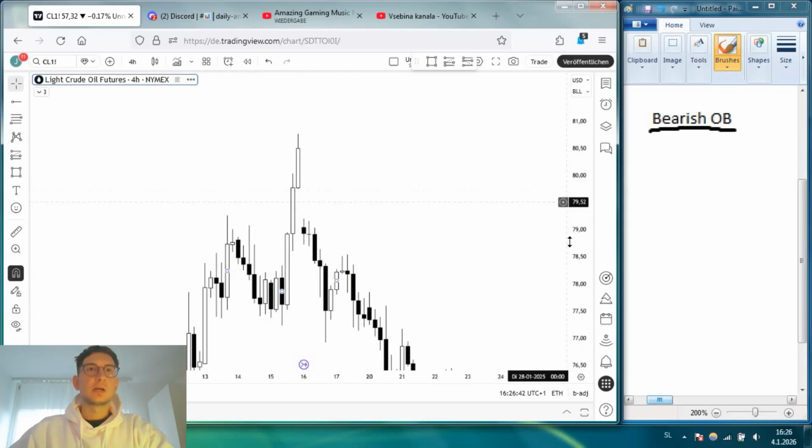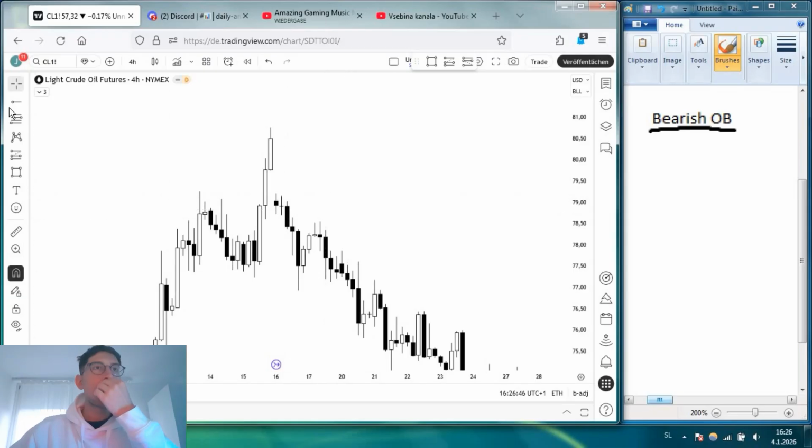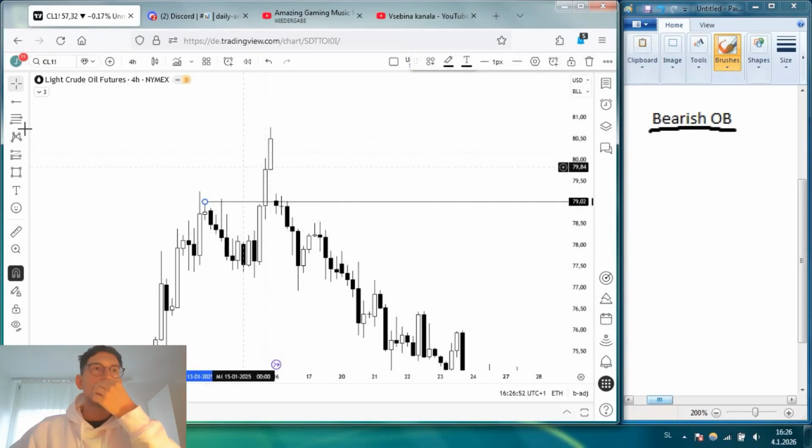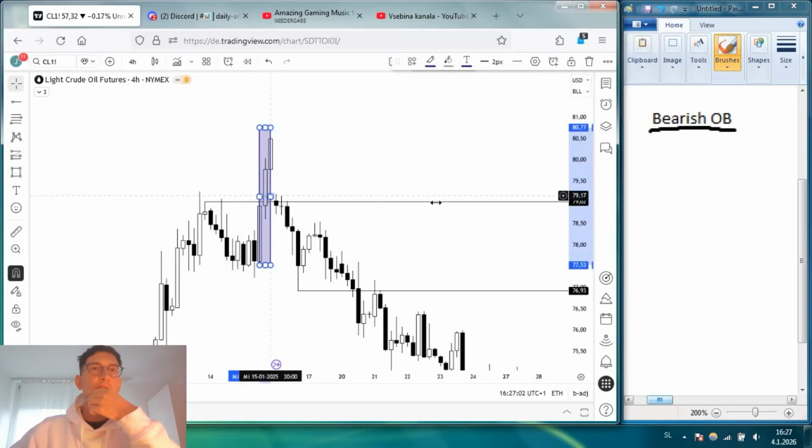What else do we have? Okay, this is quite obvious. Here we have liquidity sweep, okay, then we have break of structure right now here. The last move up before the liquidity sweep is all of this.